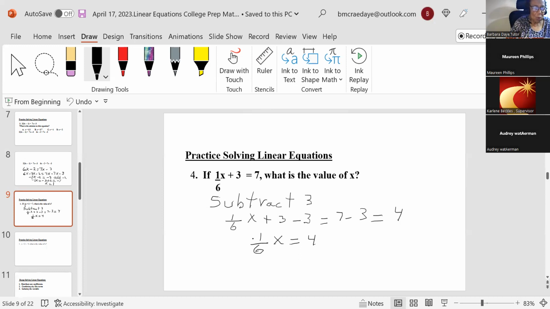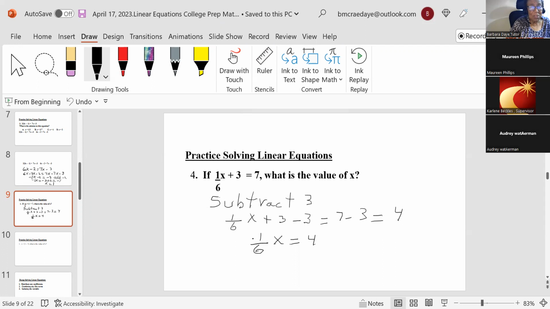1/6 x equals 4. How do you solve for x? You divide. Well, at this point you can actually do mental math to say what x is, because some number divided by 6 is 4.